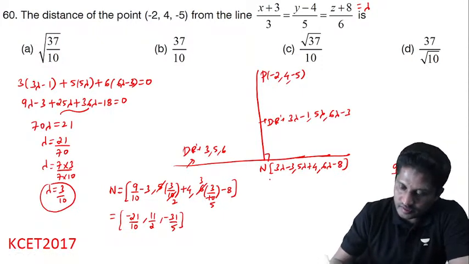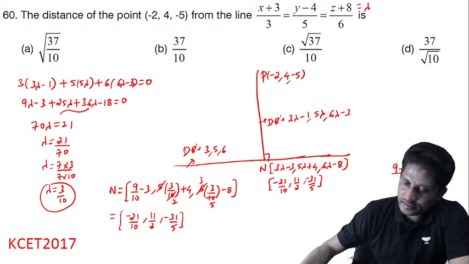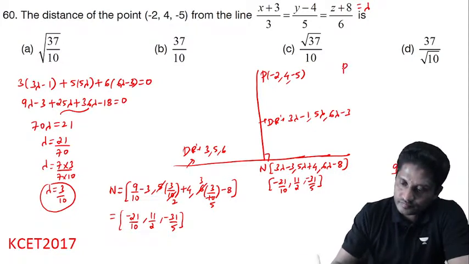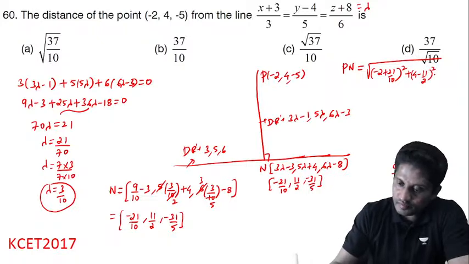Now this point is minus 21 by 10, comma 11 by 2, minus 31 by 5. Now if I use the distance formula, the distance will be equal to root of minus 2 minus of minus is plus 21 by 10 the whole square, and then you get 4 minus 11 by 2 the whole square, then minus 5 plus 31 by 5 the whole square.